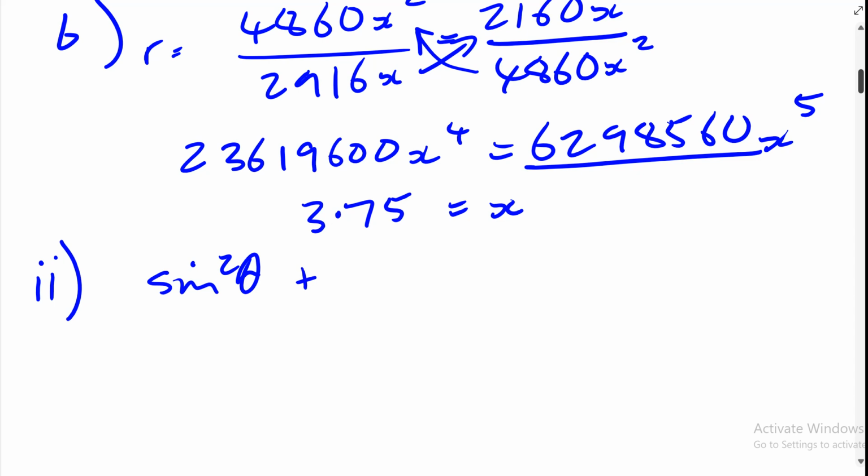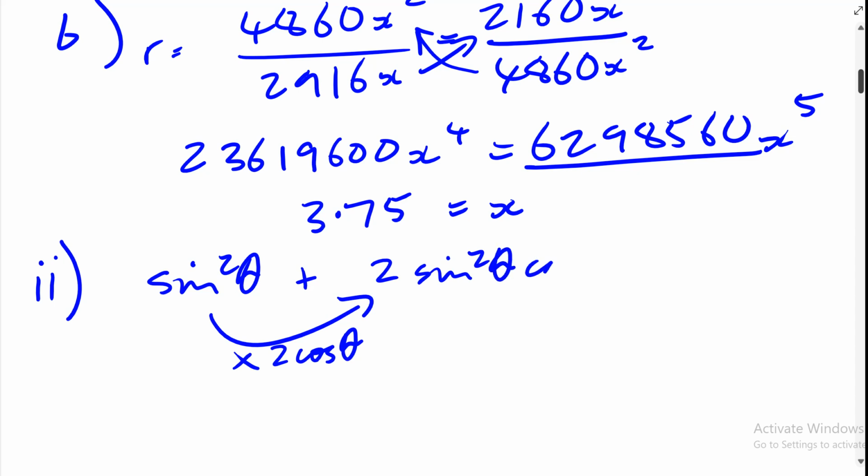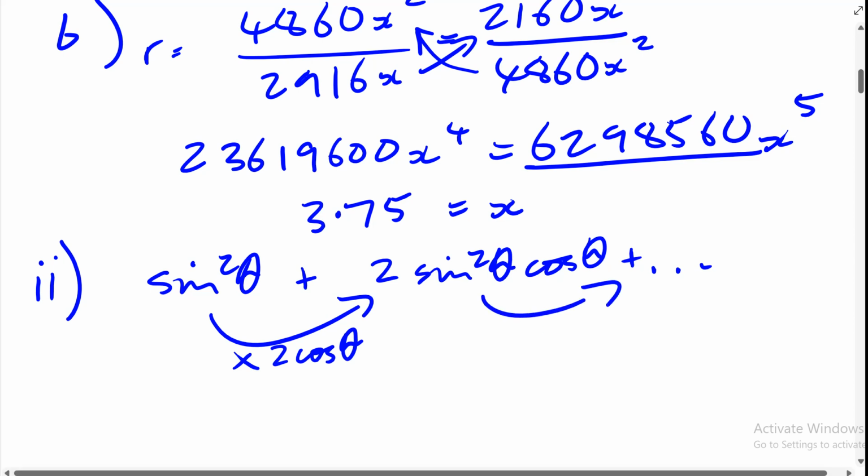The second term, do we know what the second term is? No, but we can work it out because the common ratio is 2 cos theta. So the second term will be 2 sine squared theta cos theta. And we'll keep multiplying by 2 cos theta.